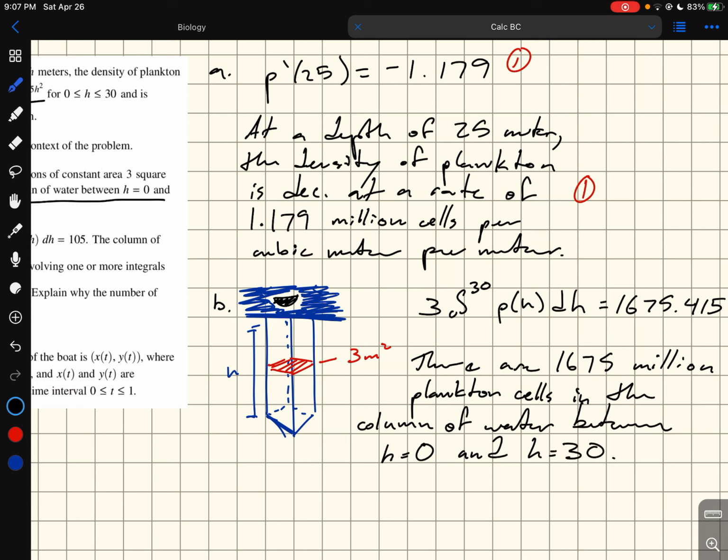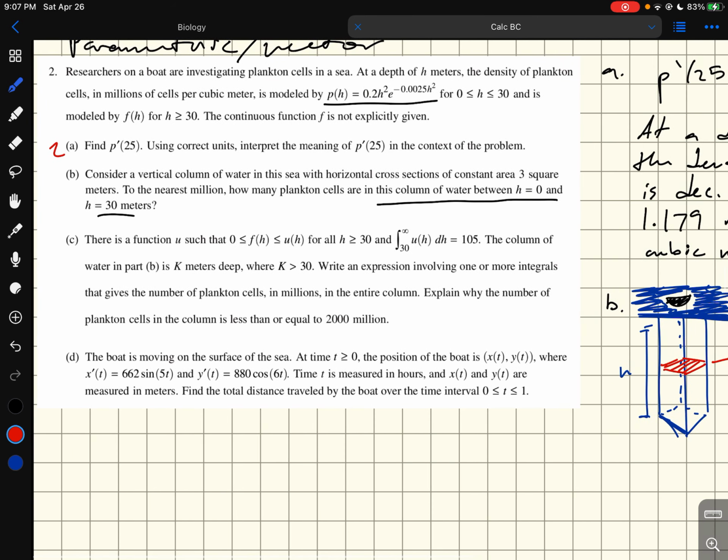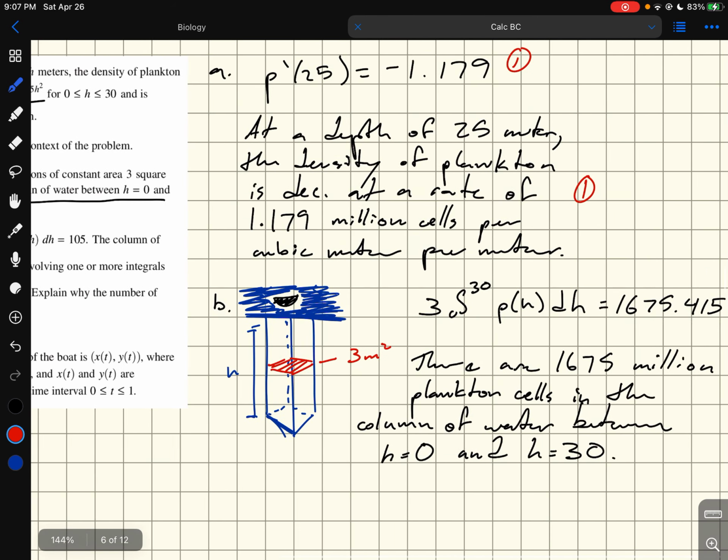That's how I would format the response. Always remember, just plagiarize them. It's easiest that way. This one is also 2 points: 1 for the integral, and 1 for writing your answer out.